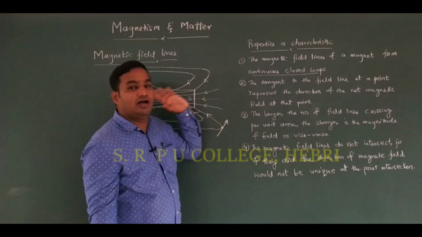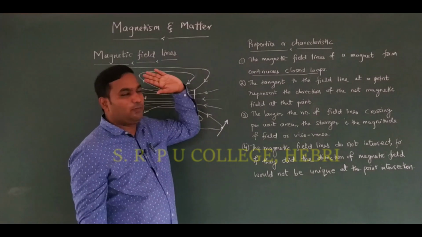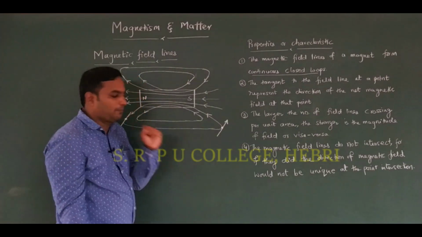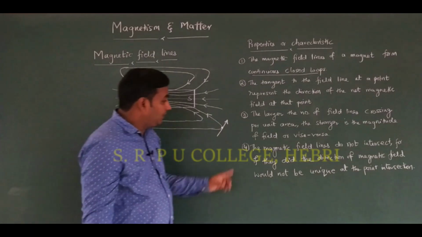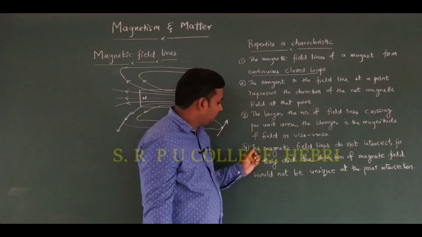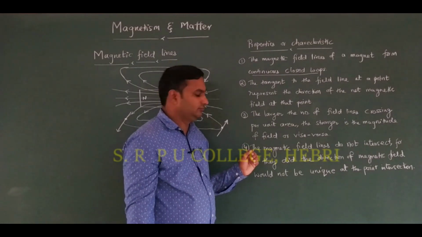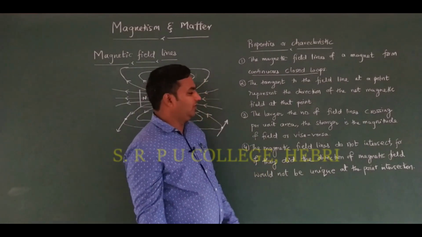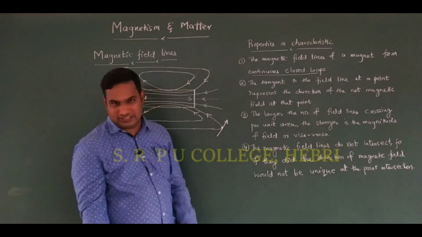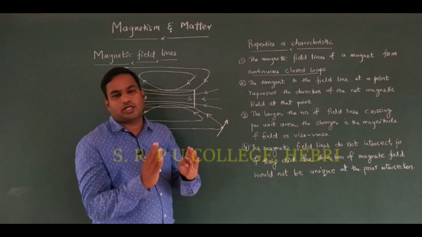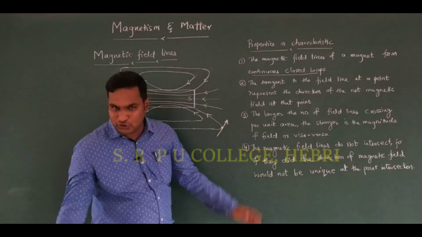Yes, that is the meaning of the third characteristic or property of magnetic field lines. Move on to the fourth important characteristic or property of magnetic field lines: the magnetic field lines do not intersect. The same kind of property you learned in electric field lines also.